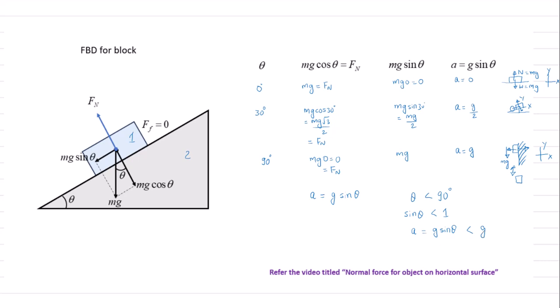So on an inclined surface, the object will always fall with a value of acceleration which is going to be less than g.